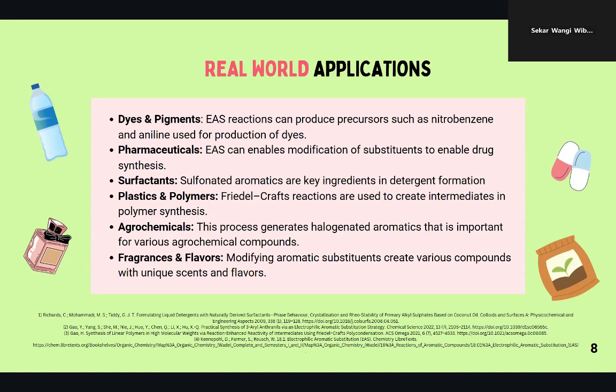Also, Friedel-Crafts reactions, used to create intermediates in polymer synthesis, use EAS. In agrochemical production, we can generate halogenated aromatics using EAS. And finally, we can also use it in fragrance and flavor production.